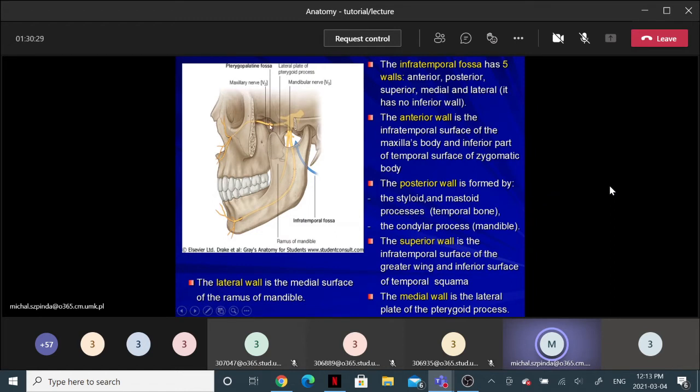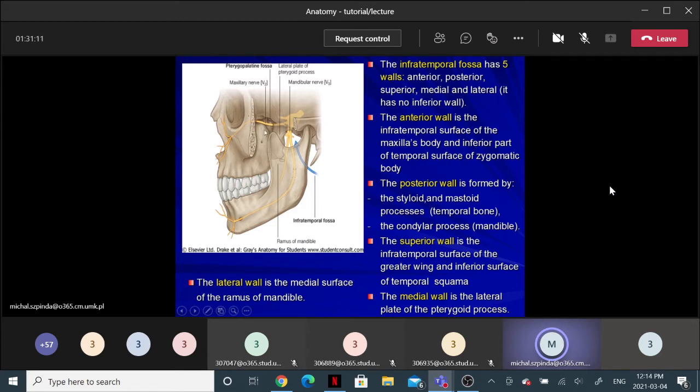It's a doorway leading deeply to the pterygopalatine fossa. Such a doorway is called the sphenomaxillary fissure or pterygomaxillary fissure. So the pterygomaxillary fissure is just in front of the medial wall and communicates the infratemporal fossa with the deeper positioned pterygopalatine fossa.